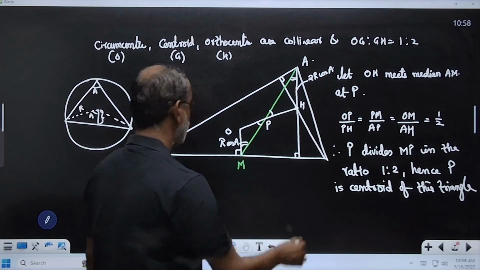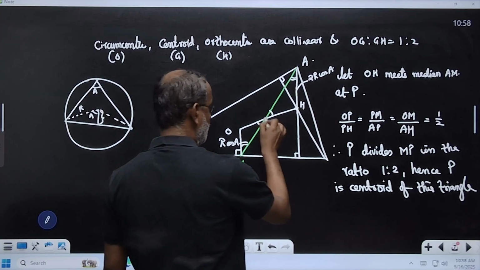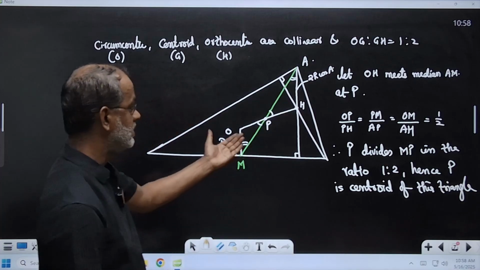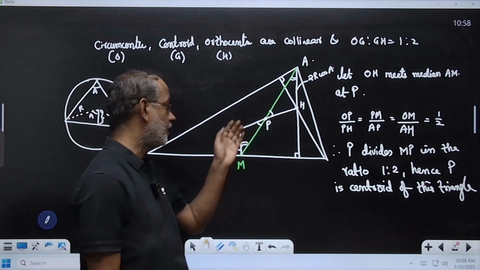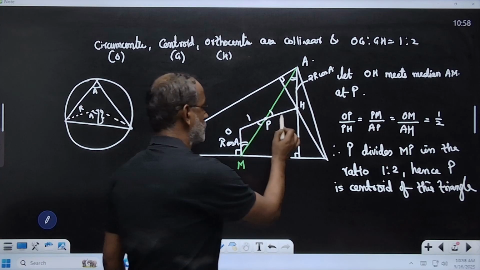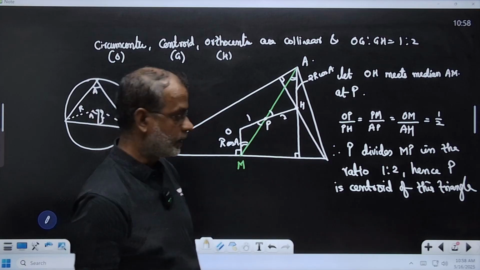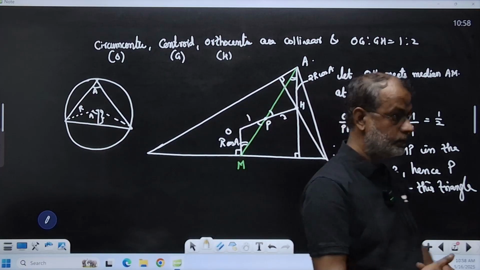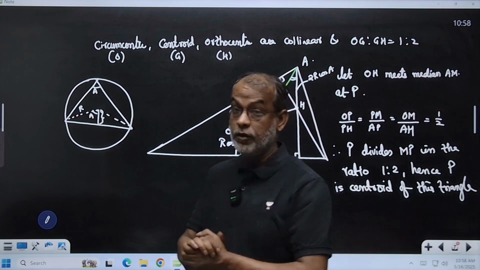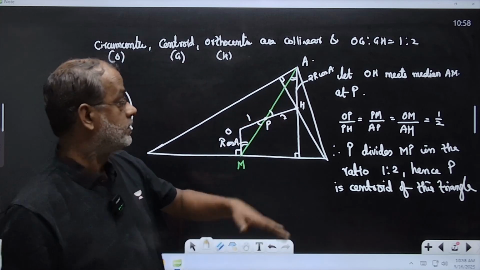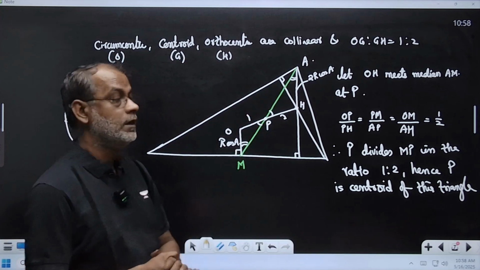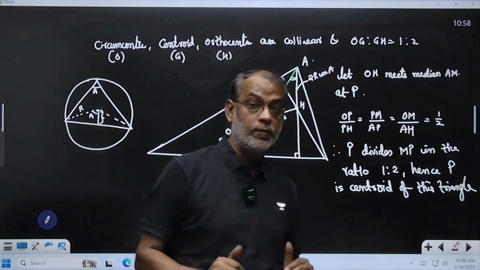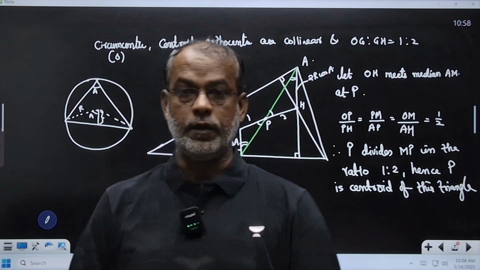This is what we had wished to establish. Simultaneously, we have proved that this is the centroid and this ratio is 1:2. A very pertinent and useful result. You will see that it is used very often. A lot of times this is of great help, not only in geometry, but also when you go through coordinate geometry.